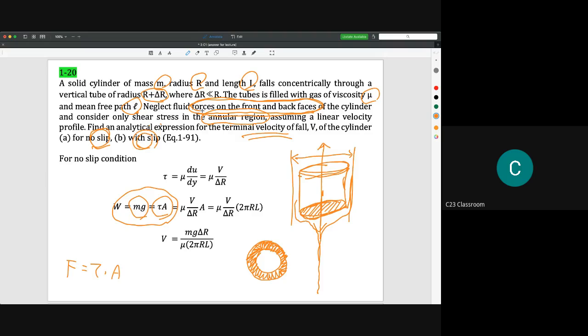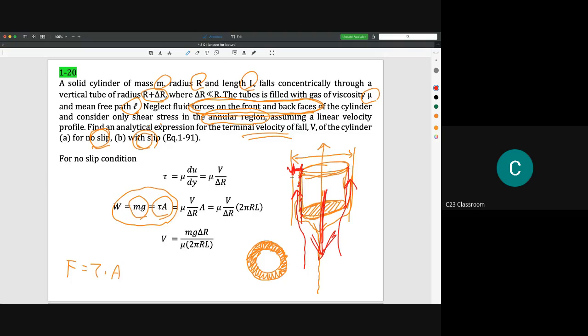This cylinder will have weight and it will fall down like this. When the fluid flows inside this annular region, it will create shear stress on this surface. You could see that this gap is actually very small.